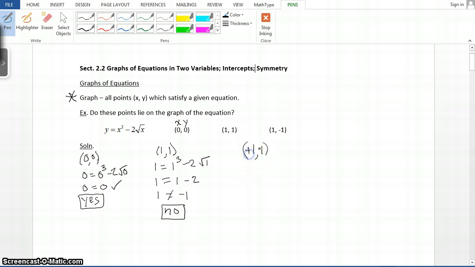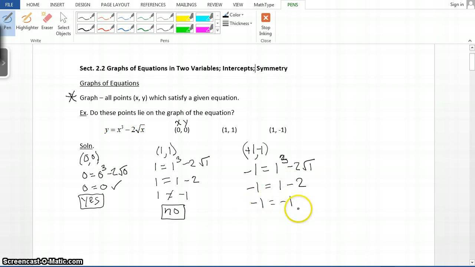Whoa, plus, minus. Alright, x is positive 1, y is a negative 1. Right, my y is equal to that 1 cubed minus 2 times the square root of 1. Alright, so negative 1 equals 1 cubed is 1 minus 2.